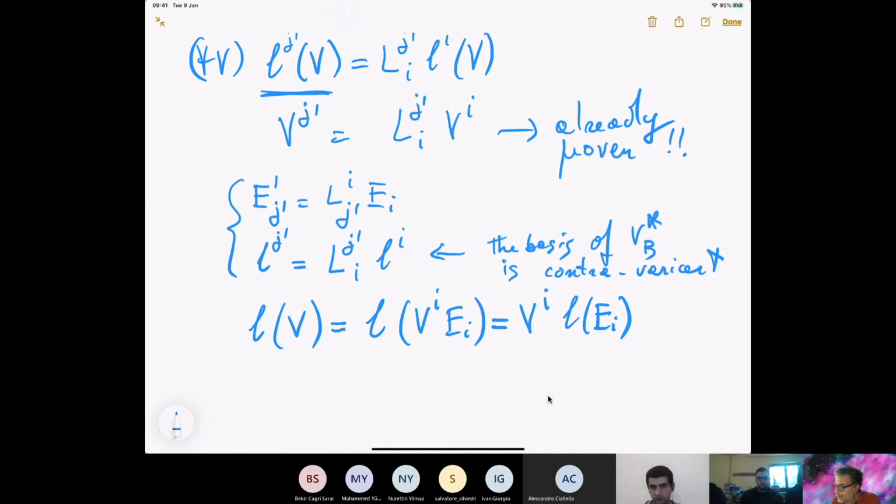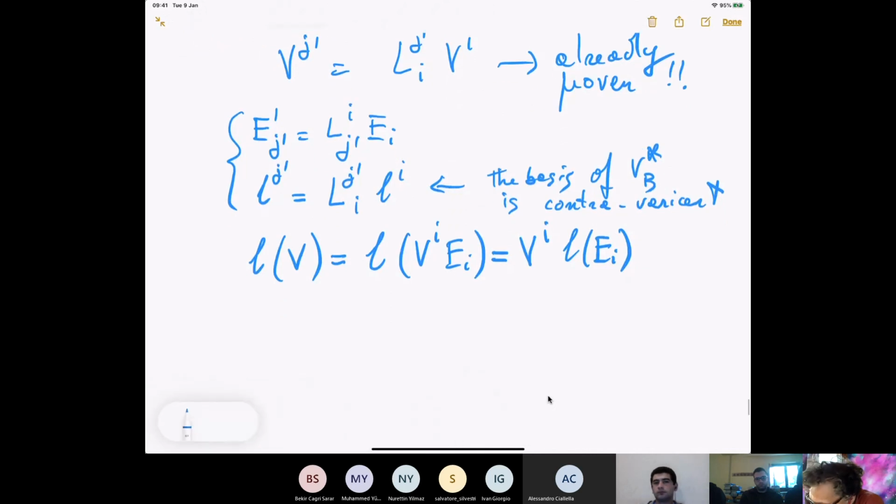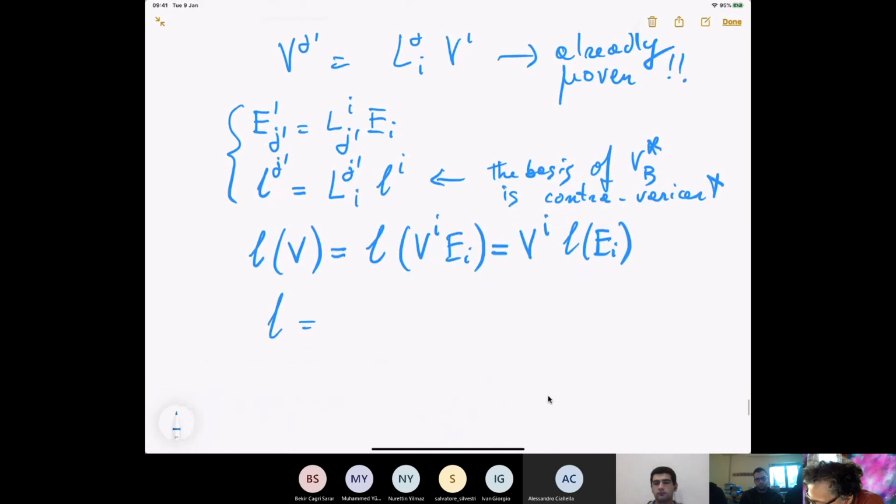So I repeat the consequence of this formula. L is equal to L Ei, Li, because this is Li V, L Ei. Okay?